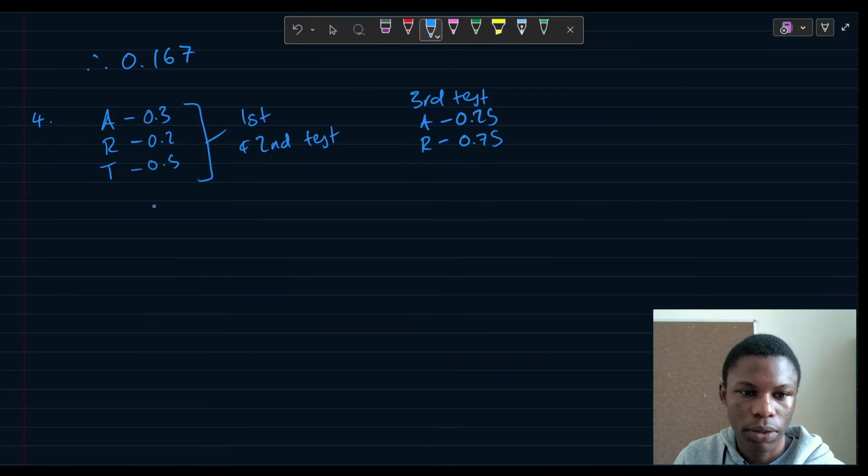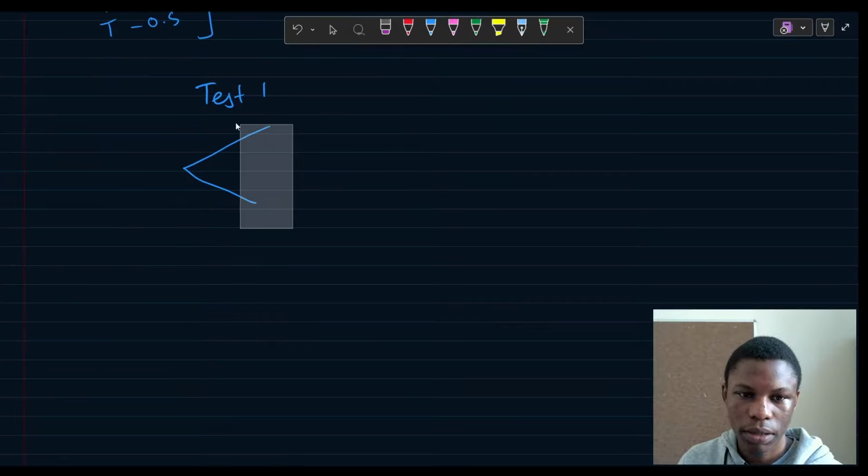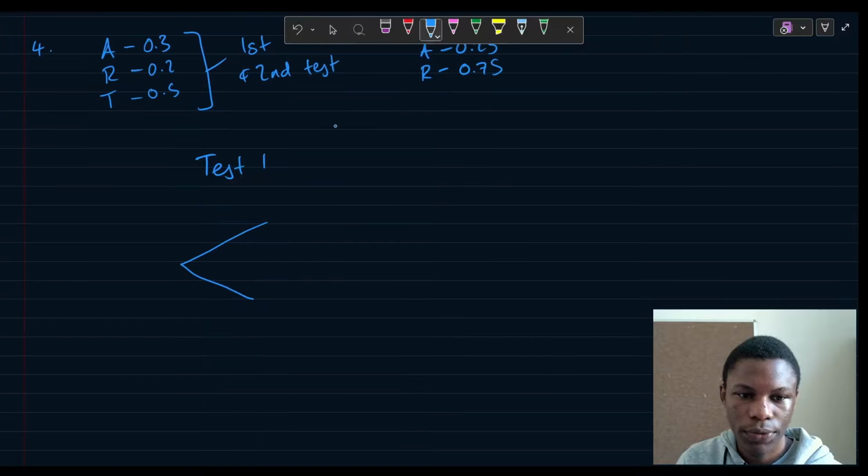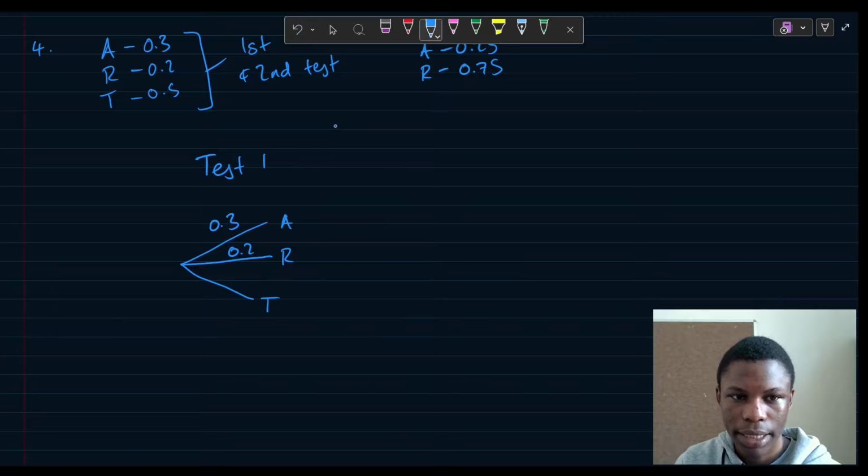So when people take the first test, test 1, the entrance test, our rates are looking like this. We've got either you're accepted or you're rejected or you're required to take another test. The probability of you getting accepted is the 0.3 there, rejected 0.2, and another test is 0.5.